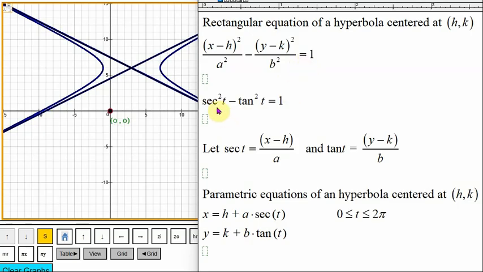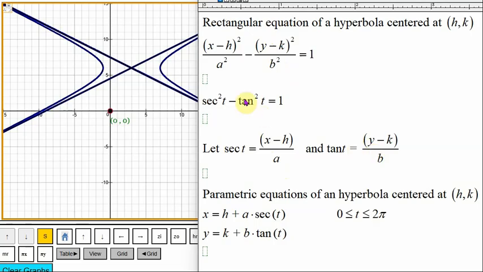And then we have the identity secant squared minus tangent squared equal to 1. And so here let secant of t be x minus h over a, and let tangent of t be y minus k over b.